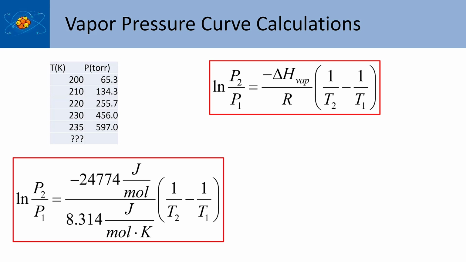We have the value for delta H and we have the equation. So now what we have to do is solve for the temperature at which the normal boiling point occurs. And so again, just like we did before, we're going to drop in a 760 here, like this.